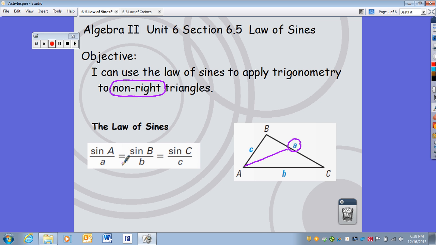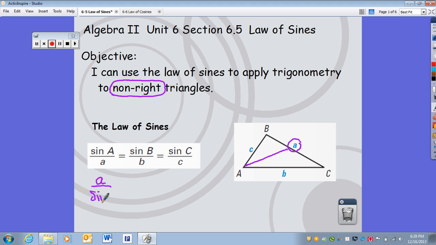We can set up, using the law of sines, the sine of angle A in a ratio to the side a, and we can do the same thing with the sine of B in relationship to the side b, and a ratio of sine of angle C to side c. Depending on the problem, if it's easier, we can also use the reciprocal of these.